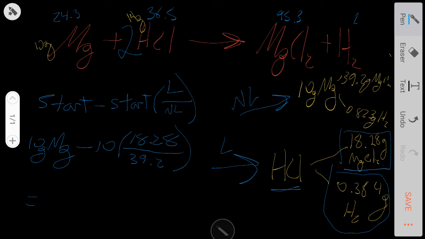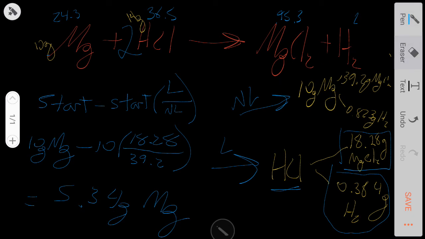If you do that in a calculator, you should get, let's see, 10 minus 10 times 18.28 divided by 39.2. On my calculator, I get 5.34 roughly grams of magnesium. That's my excess. Fantastic. So that's how much magnesium I'll have left over after the reaction is done.